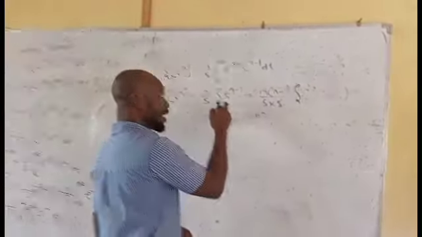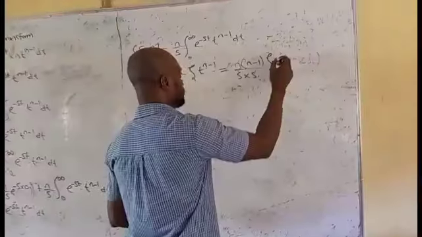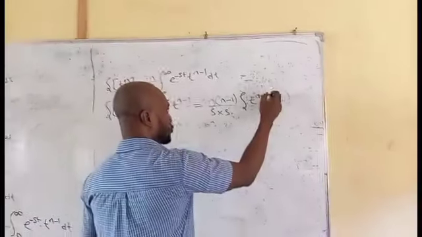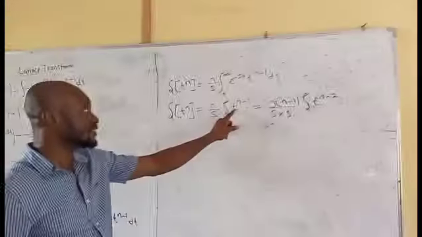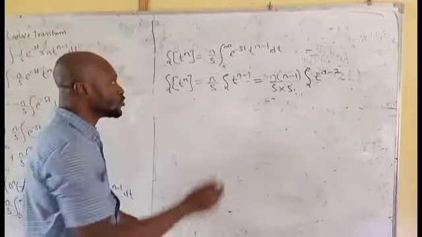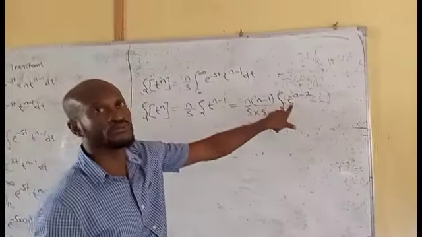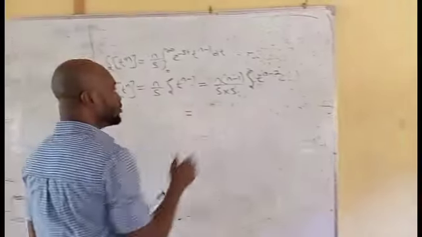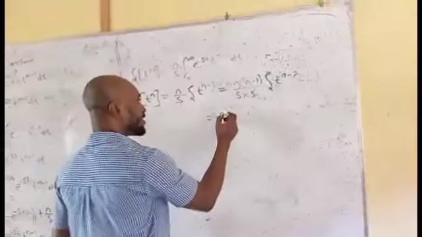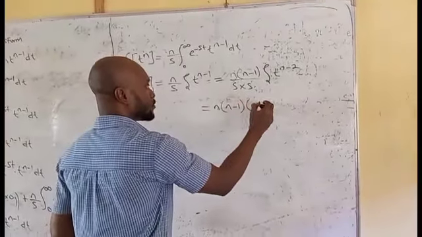So this one will no longer be t raised to the power of n minus 1. It will now be t raised to the power of n minus 2. That is, if you are to look for the Laplace transform of t raised to the power of n minus 1. Now if you are looking for the Laplace transform of t raised to the power of n minus 2, it will be n into n minus 1, then n minus 2.